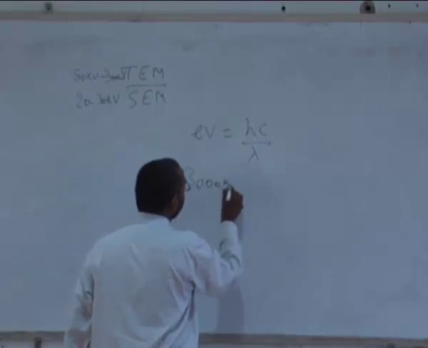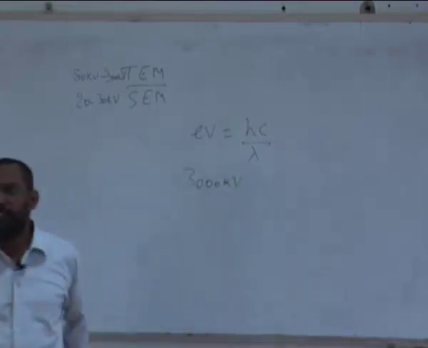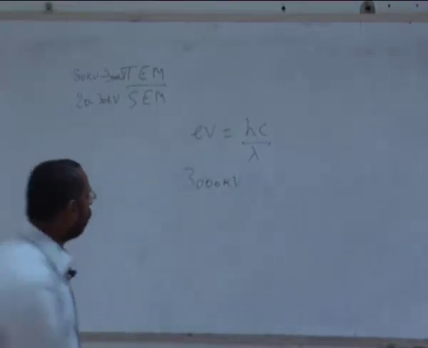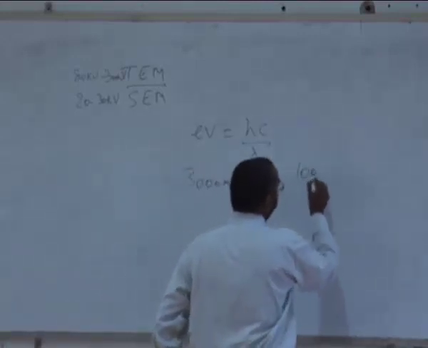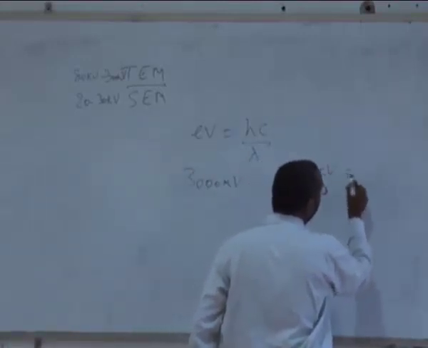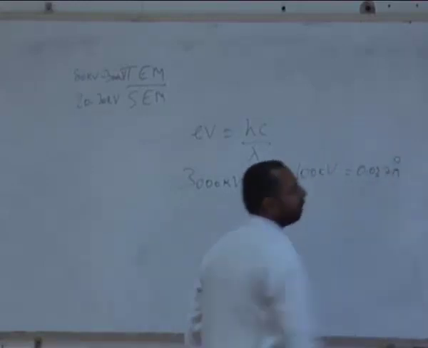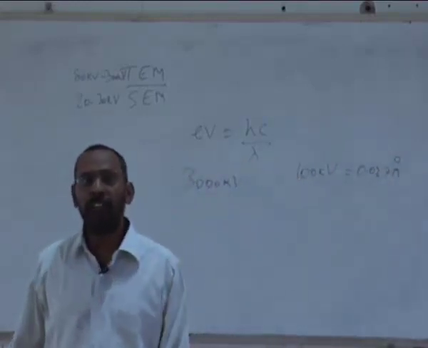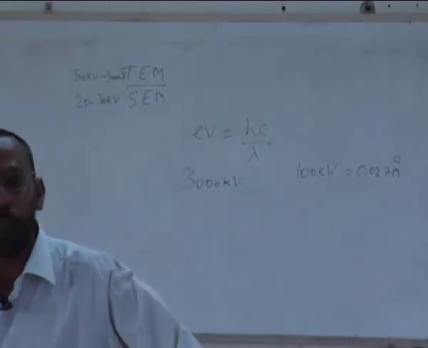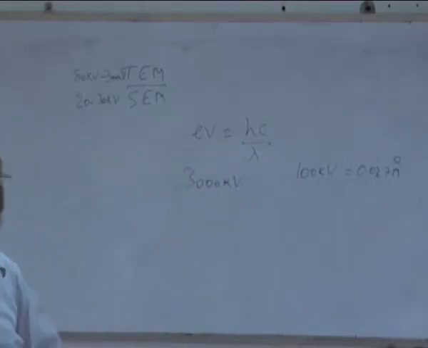But later people realized that 100 kV itself gives me a lambda of 0.037 angstroms, about 0.04 angstroms. If I go to 200 kV, I will get approximately 0.025 angstroms.